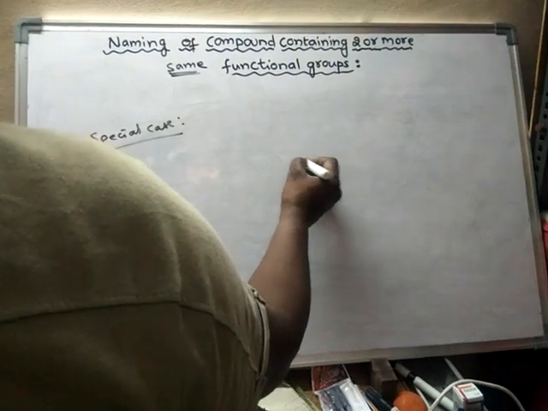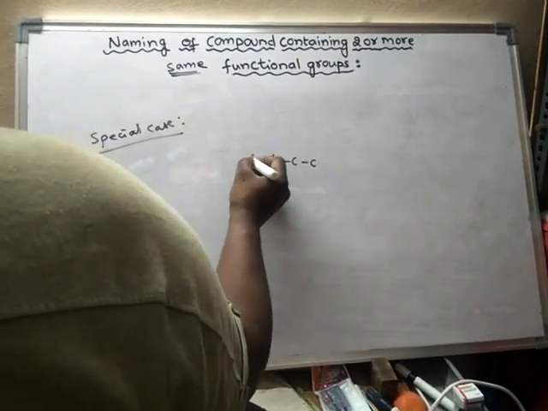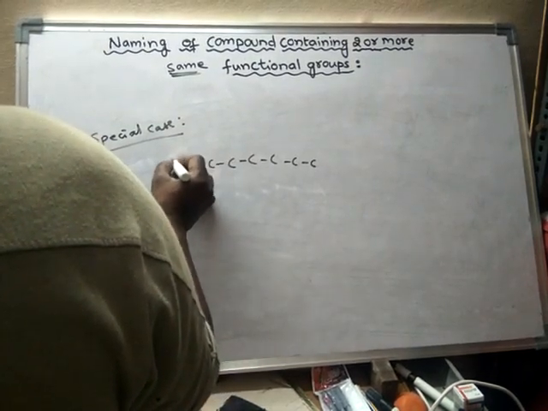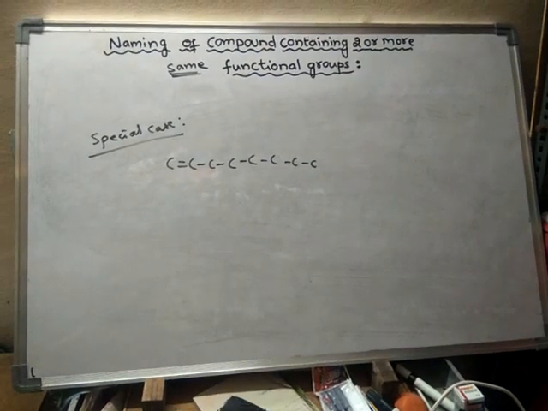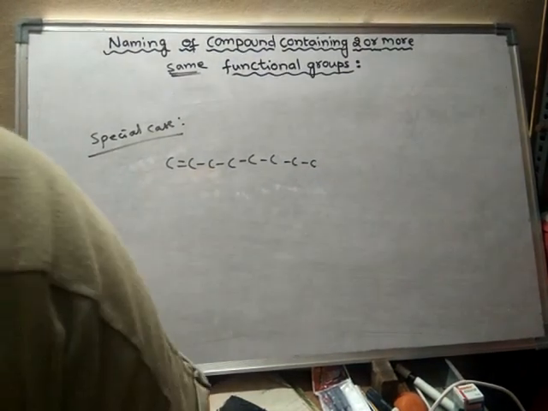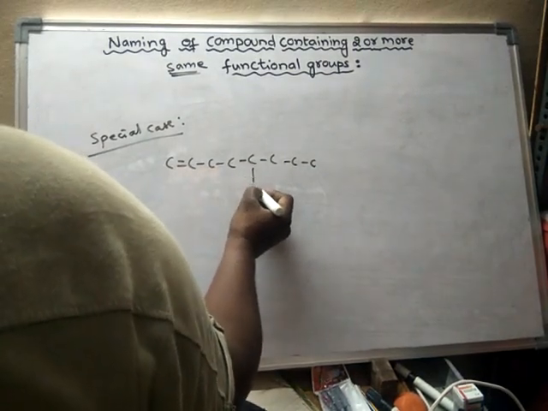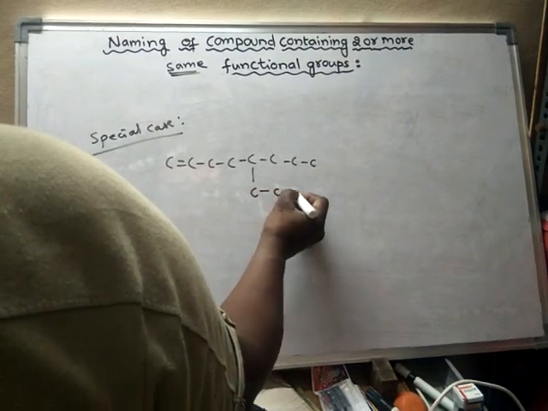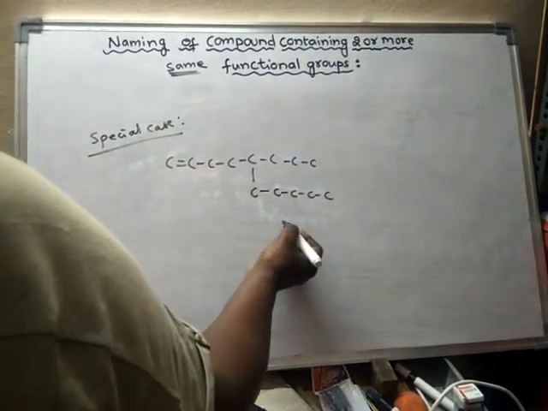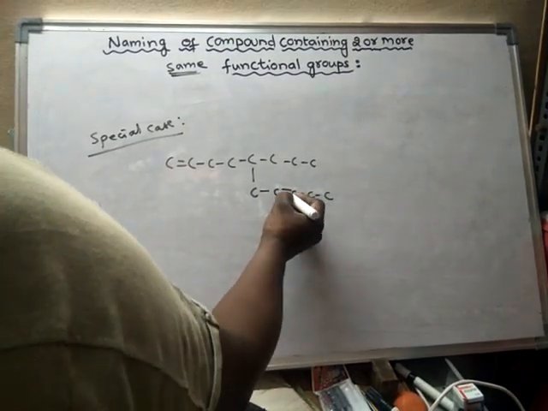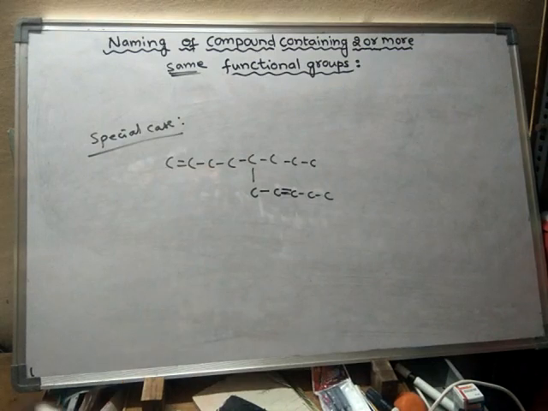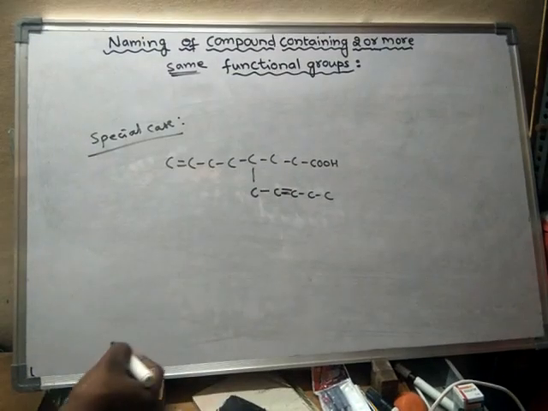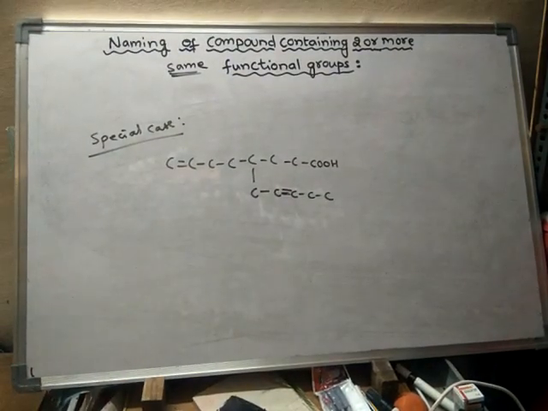Suppose it is like this. Somewhere here a double bond is there. Okay, COOH. Now, what is the name of this compound?